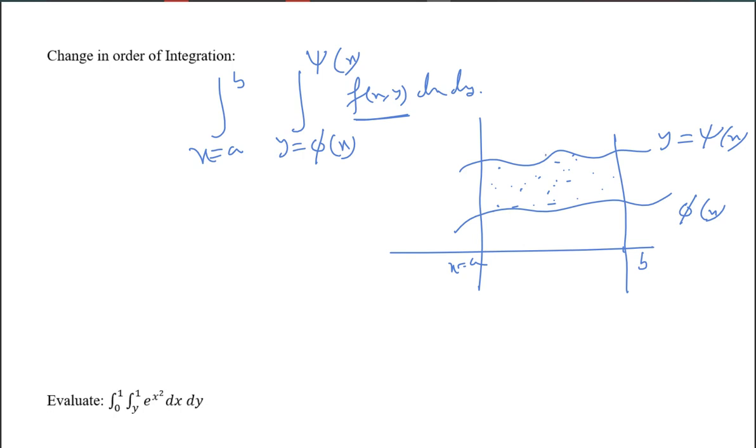I can also say y varies from this line to this line. I can easily calculate these two values. Suppose this value is c and this value is d. So y varies from c to d. In that case, what will be the variation of x? That will be from phi inverse y to psi inverse y.